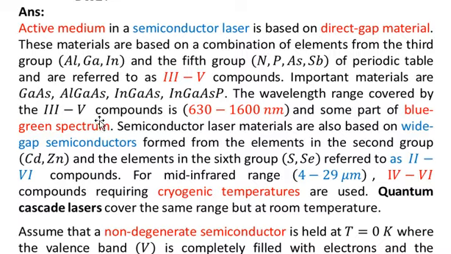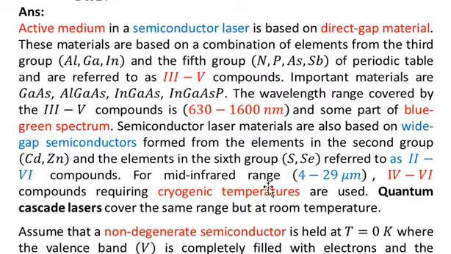The wavelength range covered by the III-V compounds is from 630 to 1600 nanometers, and some part of the blue-green spectrum also. Semiconductor laser materials are also based on wide gap semiconductors formed from the elements in the second group, for example cadmium and zinc, and the elements in the sixth group, for example sulfur and selenium, referred to as the II-VI group compounds.